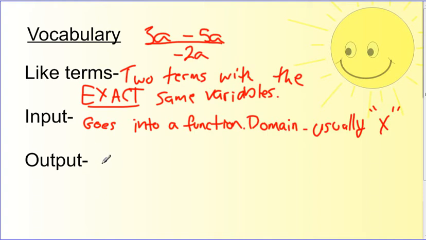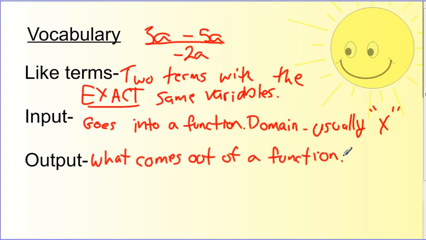And then the output is just all the other stuff from chapter 1. Output, well, instead of going into the function, it's what comes out. What comes out of a function. Instead of domain, we have range.